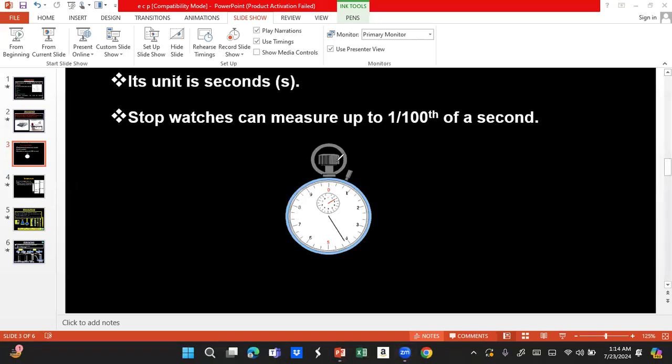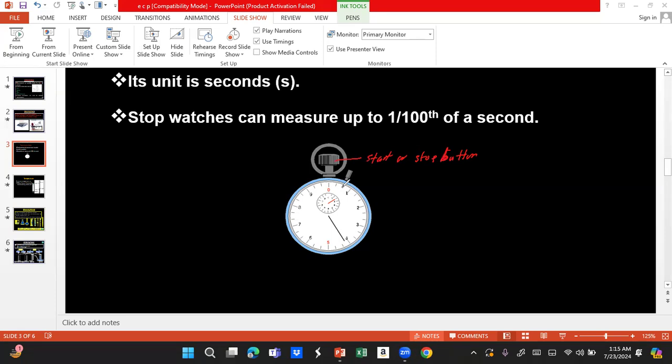You can see this is start or stop. First, before using it, make sure the pointers are at the zero scale.